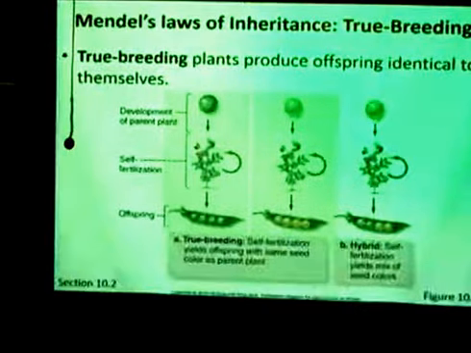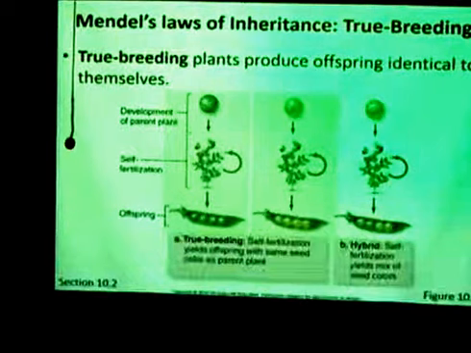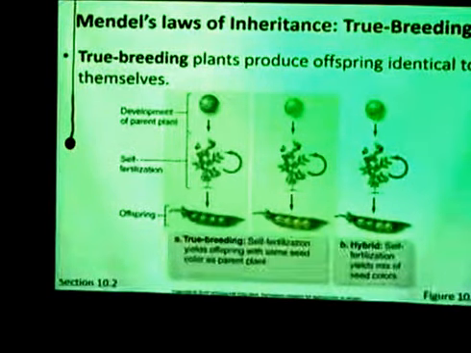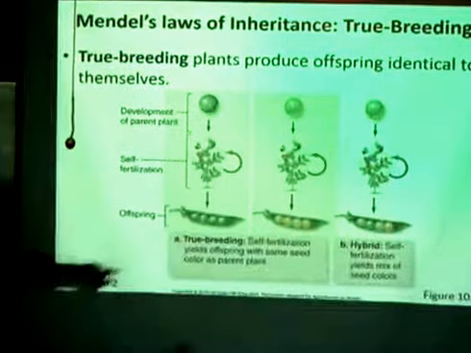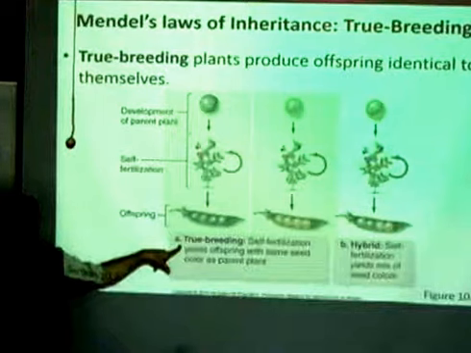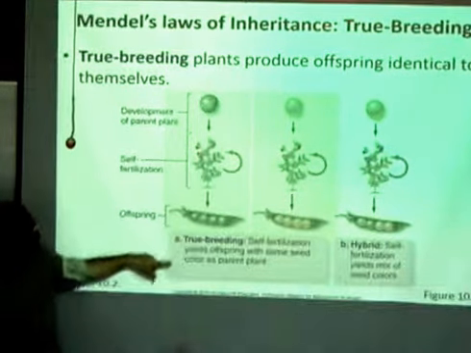As in the case of animals, if you take an animal and produce Dolly from it, you remember the sheep that was produced, the very first sheep produced through the cloning process, that was true breeding, that was a clone of the mother. There was no change in Dolly compared with her mom.